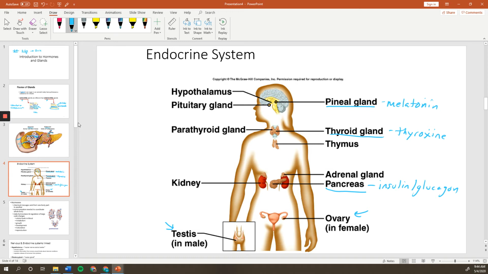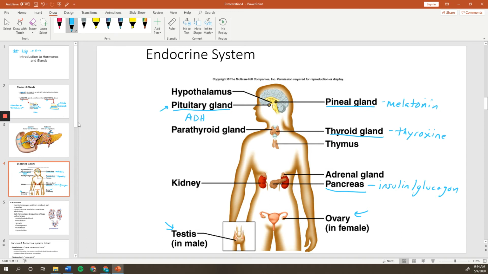Let's see, pituitary. Okay, ADH. We talked about ADH when we were talking about the kidneys, and that is a hormone that helps with reabsorbing water in the collecting duct of the nephron in the kidney, but this is also just an important one in general.